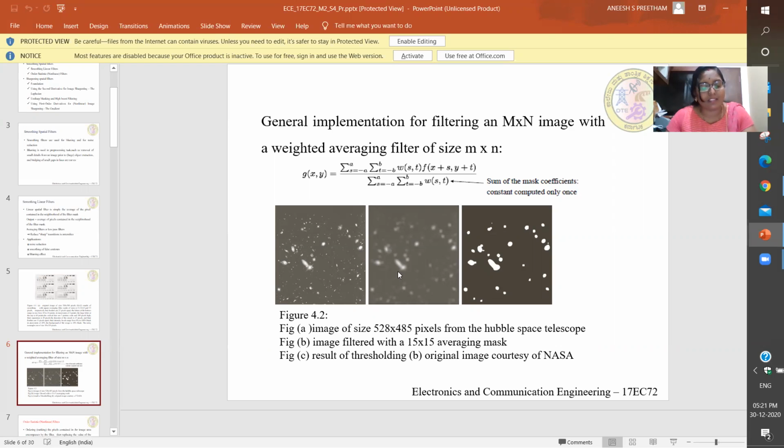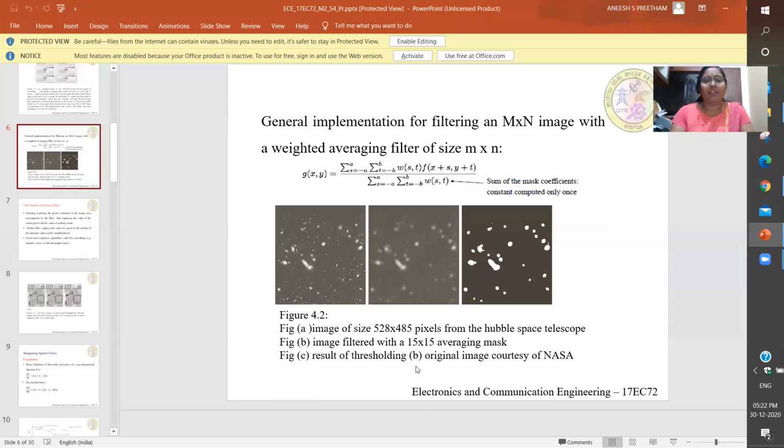This is the result of using the thresholding function on figure B with a threshold value equal to 25% of the highest intensity in the blurred image, as shown in figure C. Comparing this result with the original image, we see that it is a reasonable representation of what we could consider to be the largest, brightest objects in the image. The original image is courtesy of NASA.